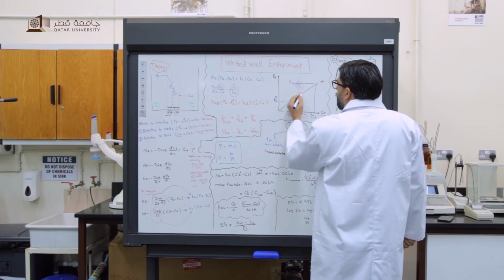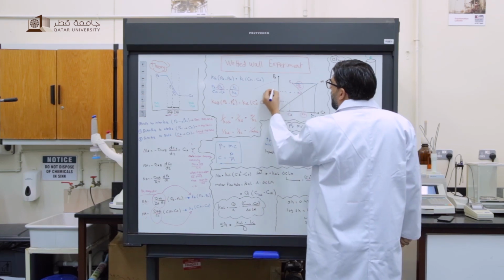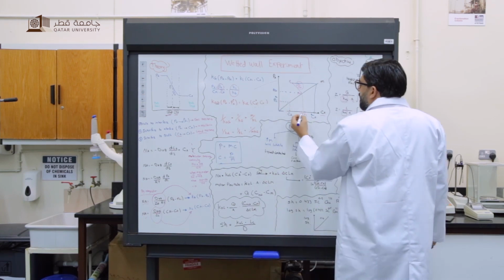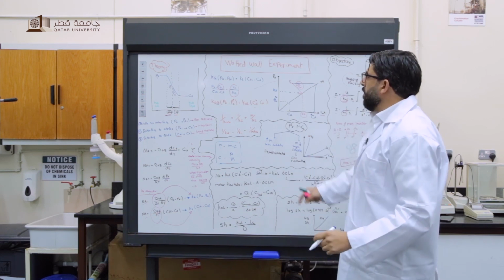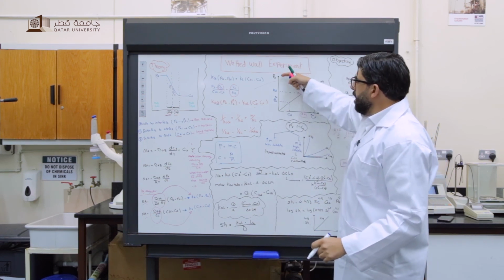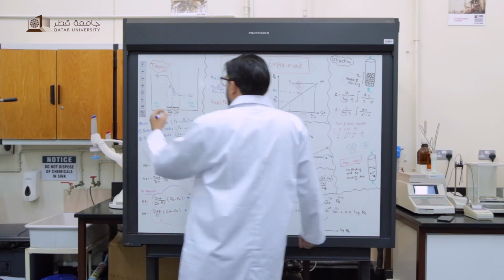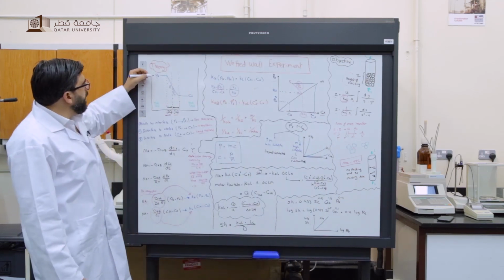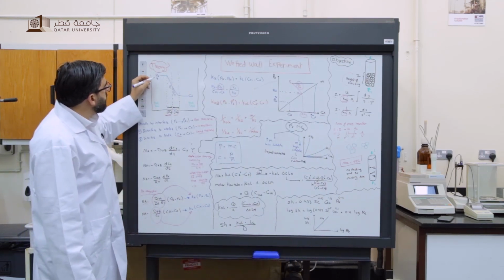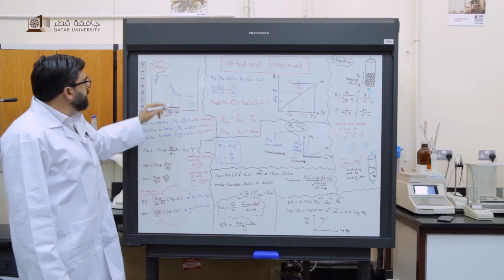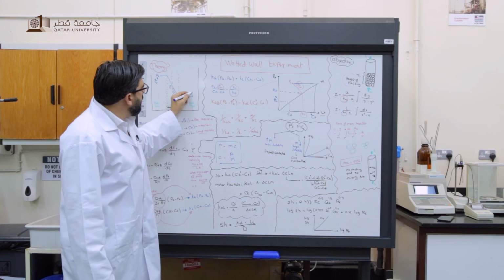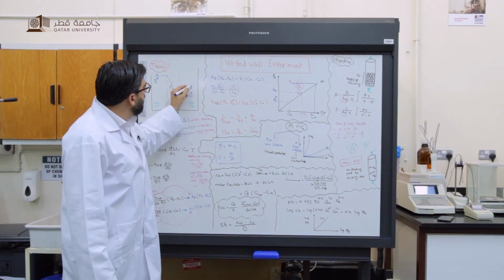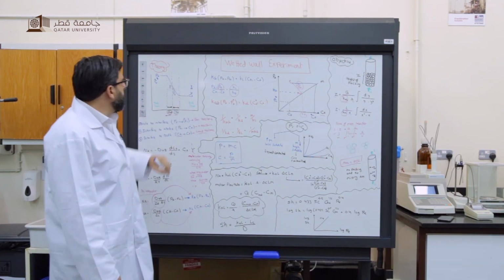Of course, this is the PAI, and here CAI. So now PA is in equilibrium with CA star, and CA is in equilibrium with PA star.